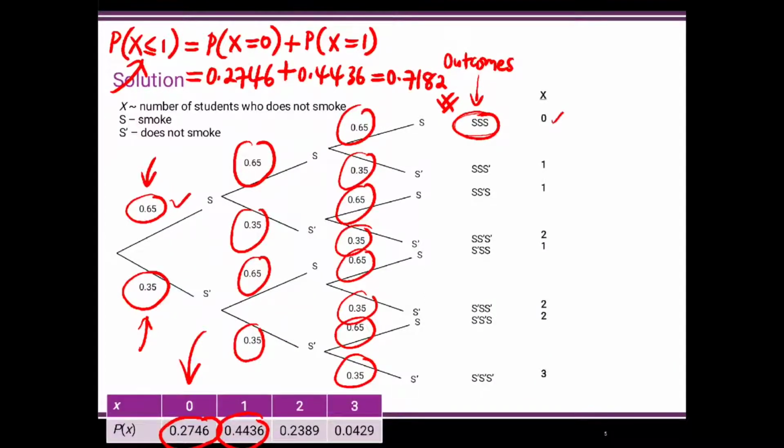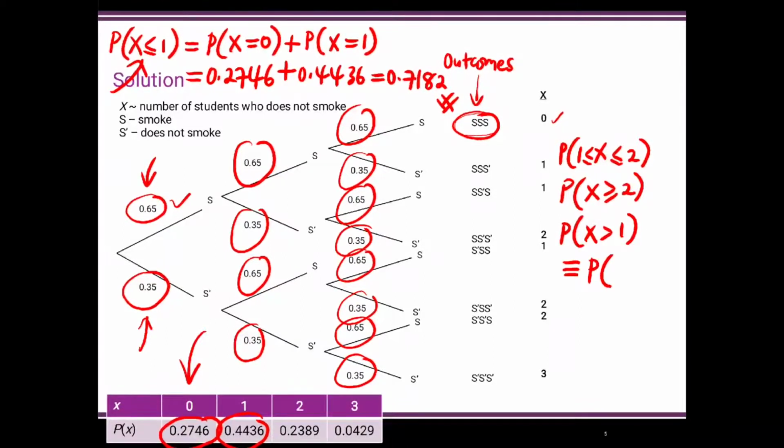You can do the rest of the questions: probability from 1 to 2, probability at least 2, and the last one, probability more than 1. But this is actually the same as the previous question, because they are equivalent.